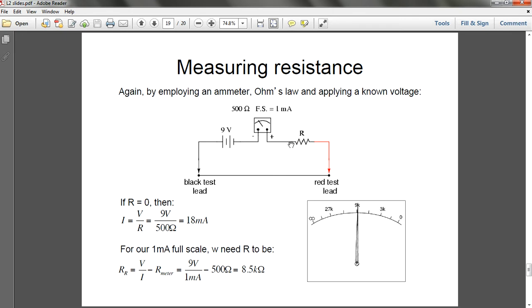Alright. So in order to do that, let's see. Full scale is 1 milliamp.